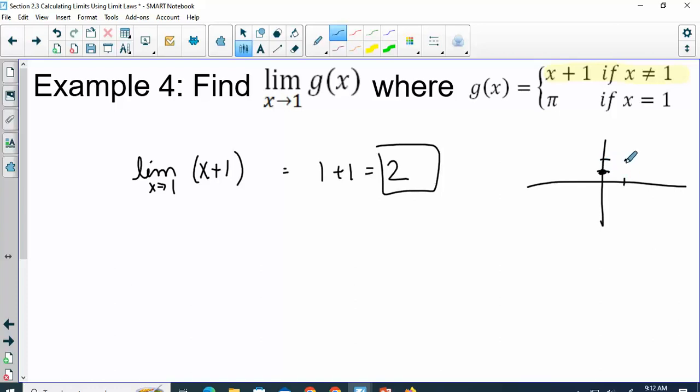But that was for not equal to 1, so that would have actually been an open circle. It's equal to pi when x is 1, so the graph looks like this. So you could see as you are approaching 1, you're on this line the entire time. And we're going to 2.